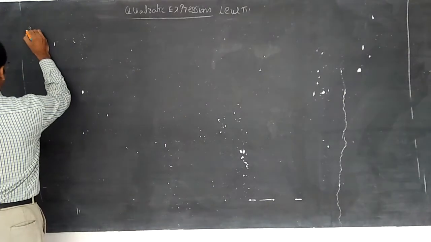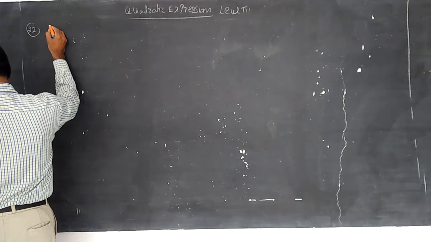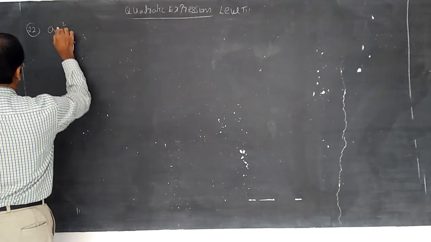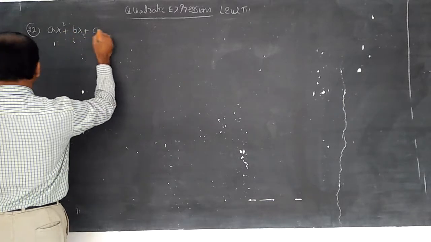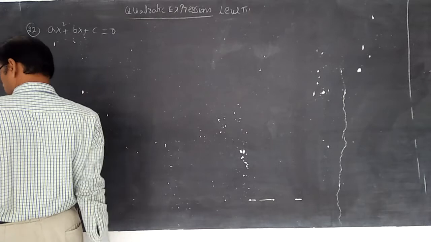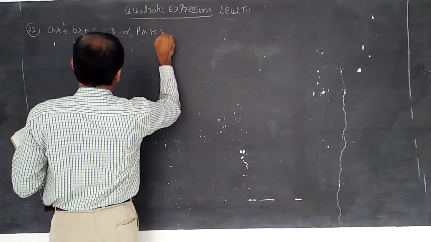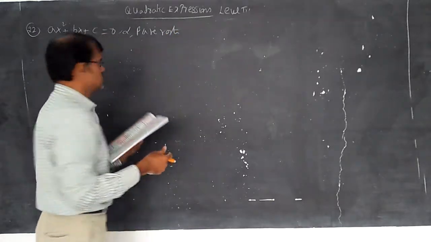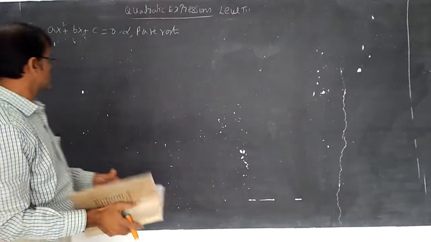Here, one thing we should observe is that he is not discussing whether a, b, c are real or complex, anything. So anything we can take. Ax square plus bx plus c equal to 0, alpha, beta are roots. A, b, c real, not equal to 0, rational, everything he is not discussing with us.